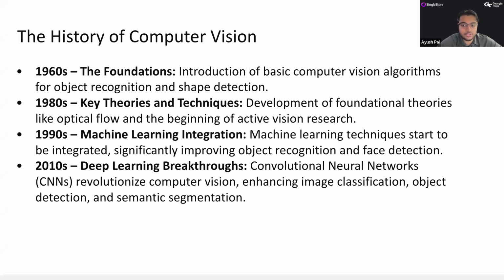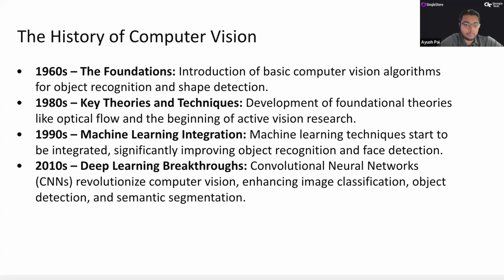The 1990s saw the integration of machine learning, enhancing object recognition and face detection. And the 2010s brought us deep learning breakthroughs with convolutional neural networks, which are the pinnacle of today's computer vision technology, which revolutionized image classification, object detection, and semantic segmentation, all of which we'll talk about a little bit later. And each decade built upon the last, culminating in today's advanced computer vision systems.